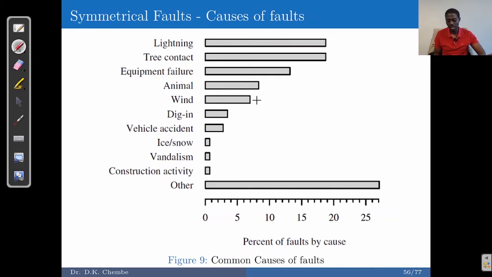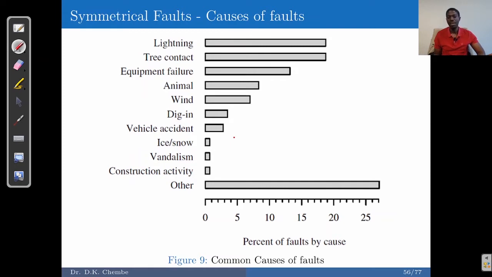There's wind. In highly windy areas, the wind can swing the power lines and cause contact of the lines. Then there's digging, where people want to dig in, or there's a project going on where cables may be cut or forced to connect and cause a short circuit. Vehicle accident, snow, and so on.